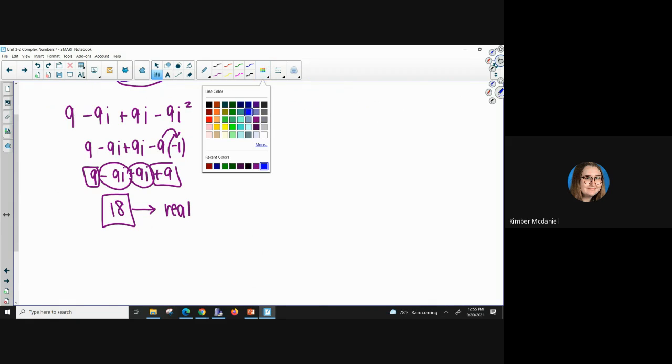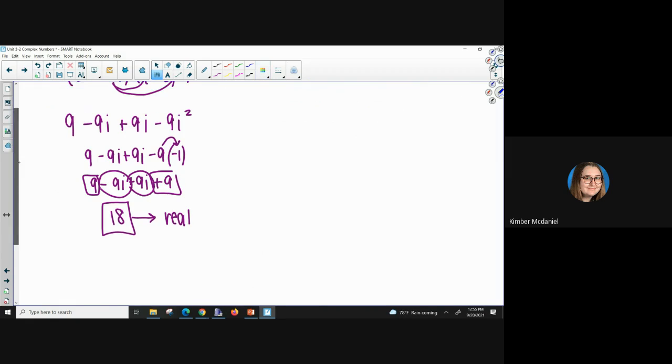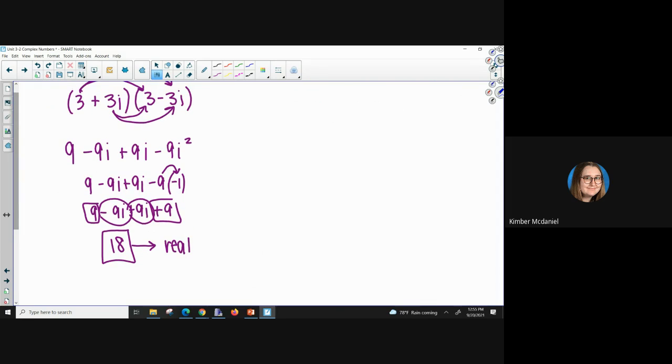Now, I'm going to do this next one in blue. The second expression that we're given is (3 + 3i) + (3 - 3i). In front of that first parentheses, we don't have anything, so we don't have to distribute anything to it.